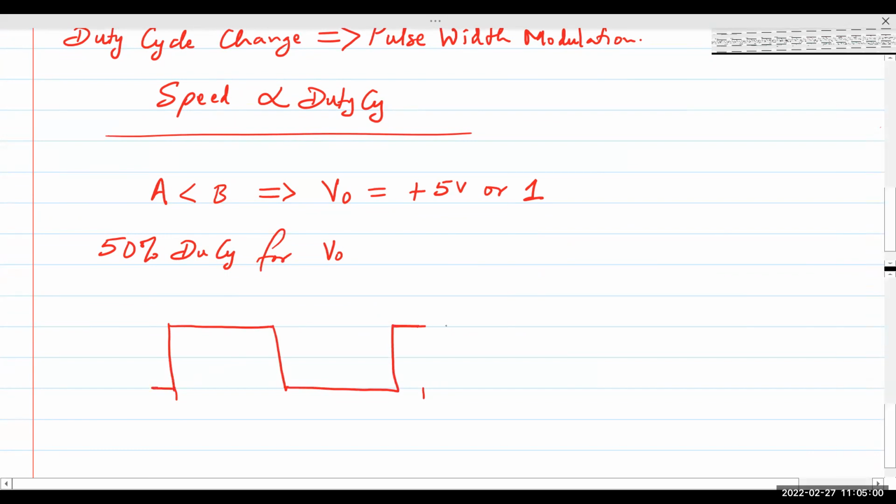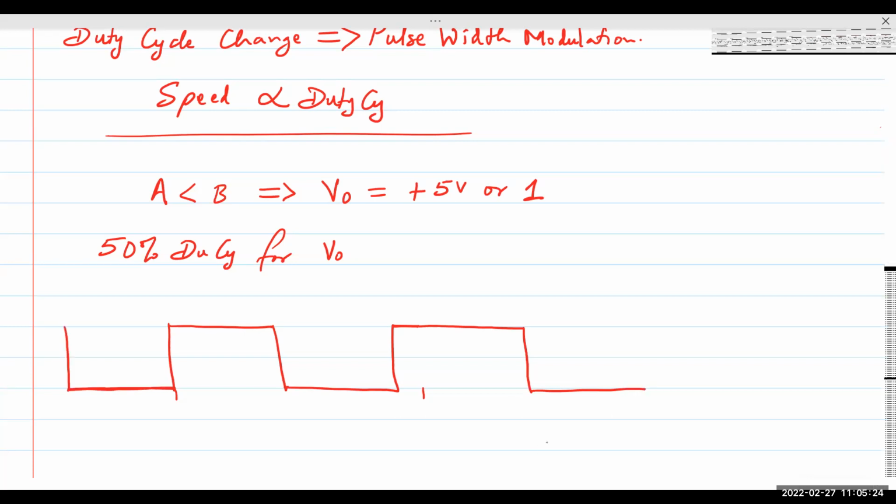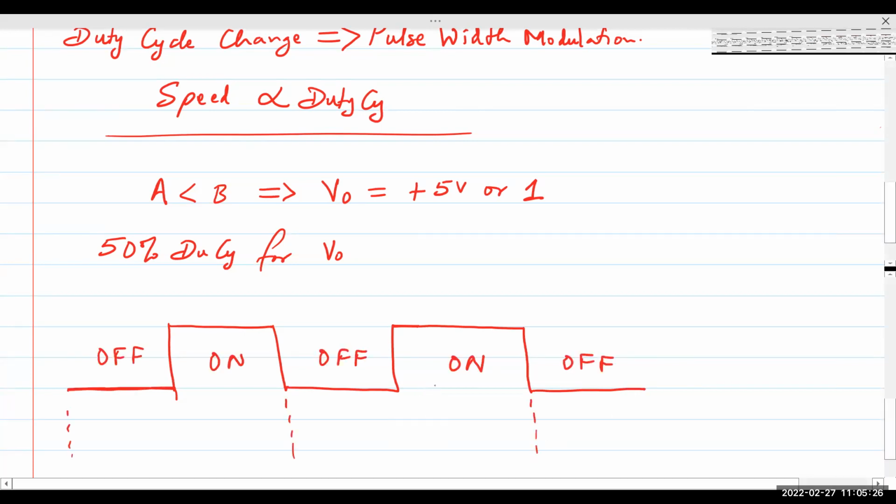So it's on and off and on and off, and we want this to be 50%.